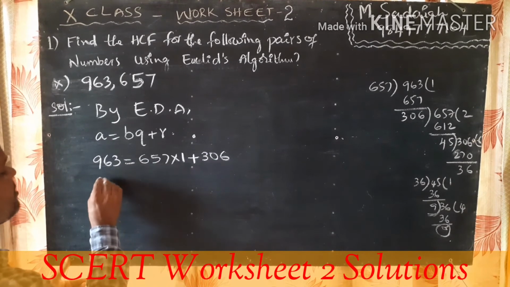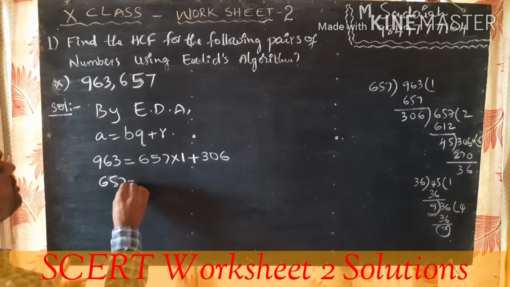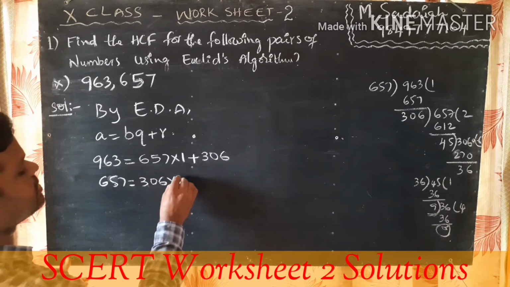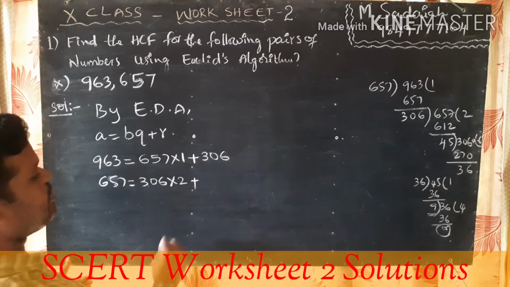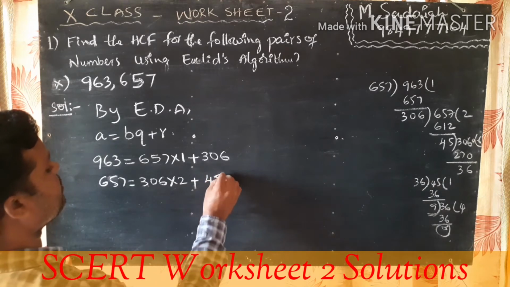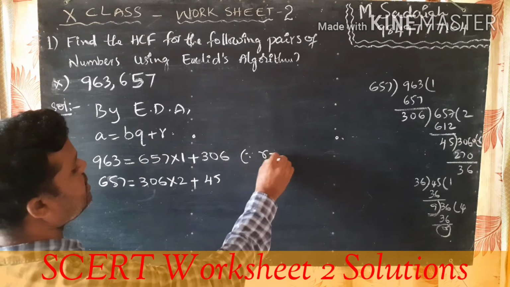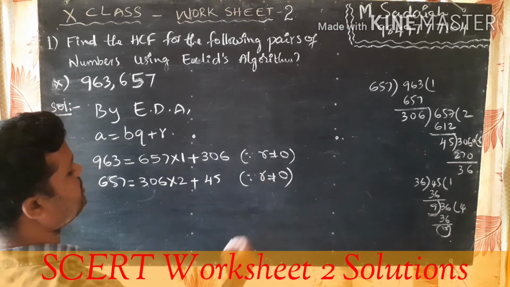Then 657 comes into the dividend place. Divisor is 306. 306 into 2 is 612, and the remainder is 45. Since we did not get the remainder 0, continue the process.